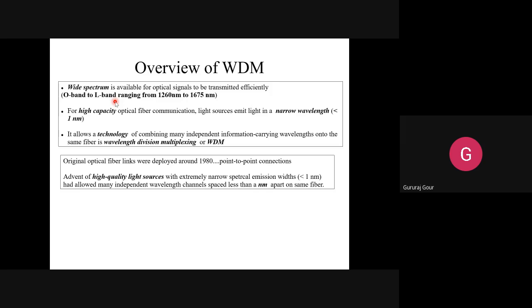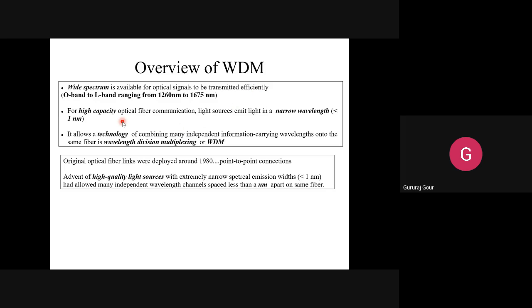So it has a wide spectrum over which we can operate the optical signals to be transmitted efficiently or to be received, with the available bandwidths. These are the wavelengths mentioned here: 1260 nanometer and 1675 nanometer. Sorry, not technologies. These are the range of wavelengths over which we are going to operate this WDM technology.